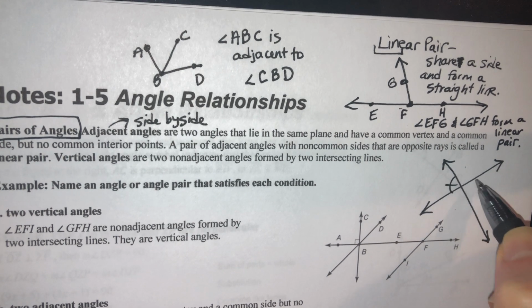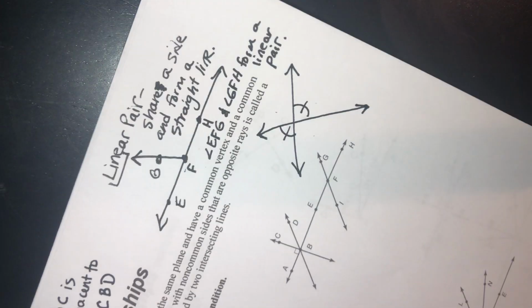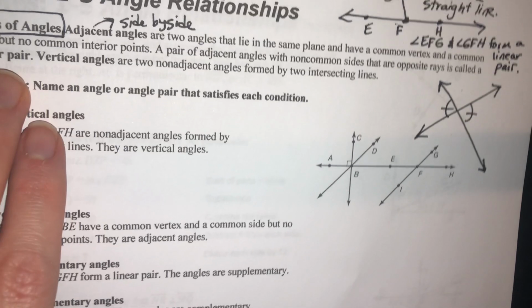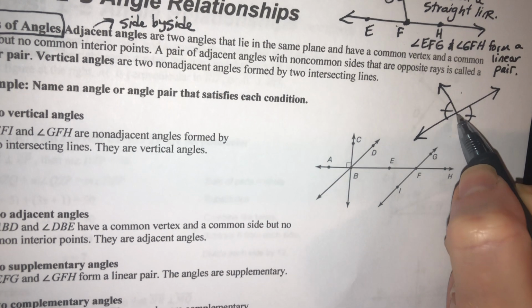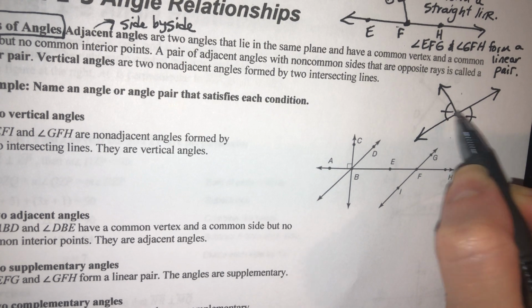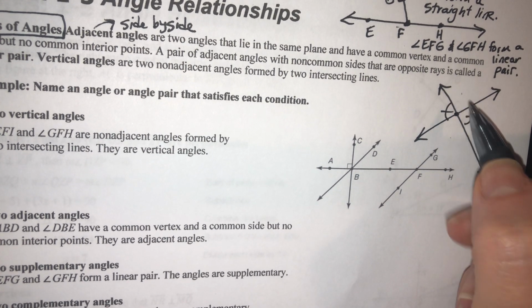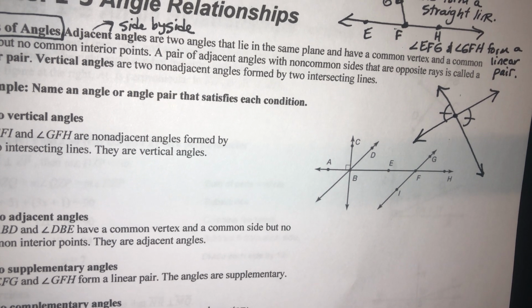These are also vertical angles. So they don't have to be up and down. If I turned my paper right now, they would be. So the orientation is not so important. What's important is that they are sharing a common vertex but no common sides, and they are opposite from each other when we have a pair of intersecting lines drawn.